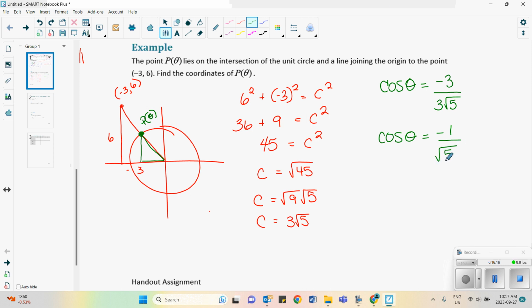So this is the benefit to putting a -3 here: when I do the adjacent side, if I put a +3, I might forget that I'm in quadrant 2, and my cos is going to be a negative answer. And then sine is going to be 6 over 3 root 5, which is 2 over root 5.